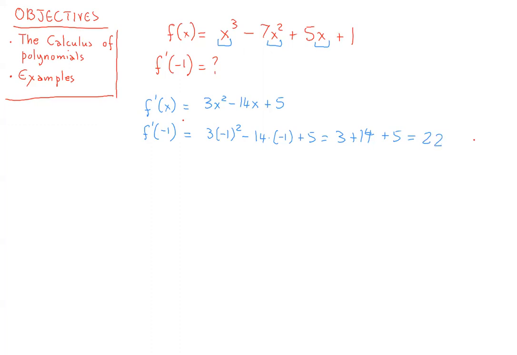So from this, we could deduce that the graph of f of x goes up at -1. Why? Because the slope is positive. And this is the slope of the tangent.